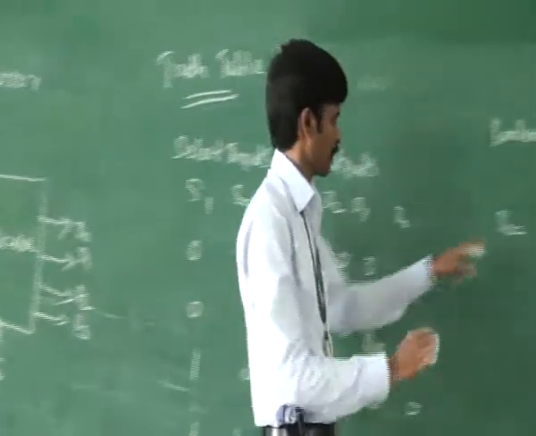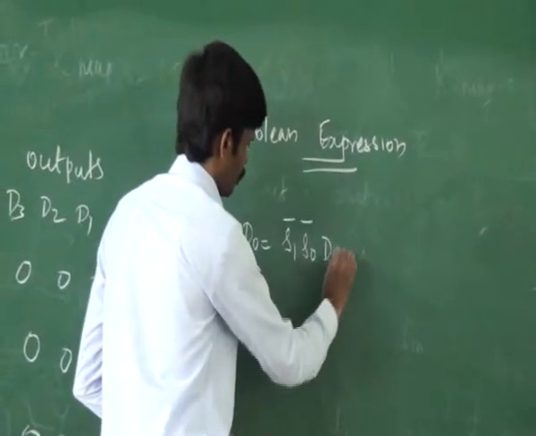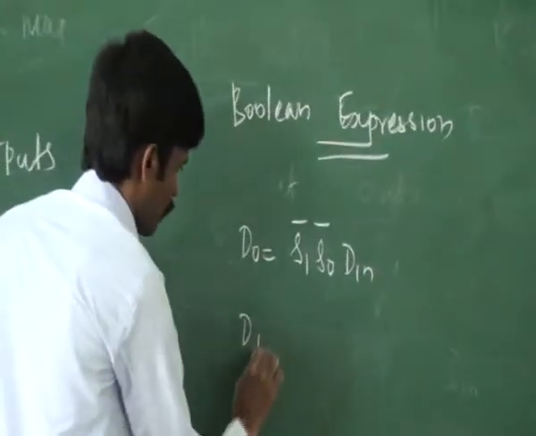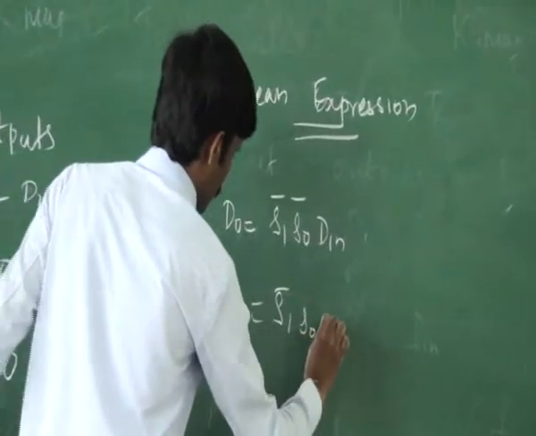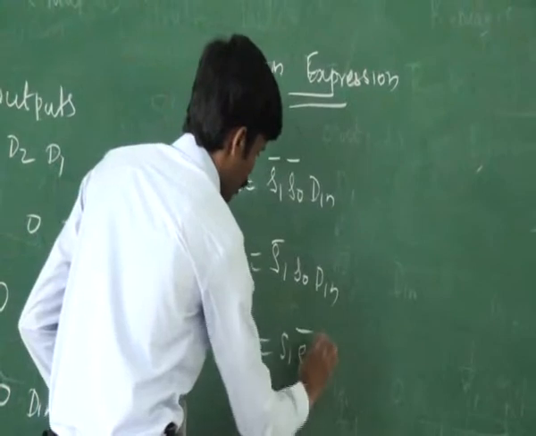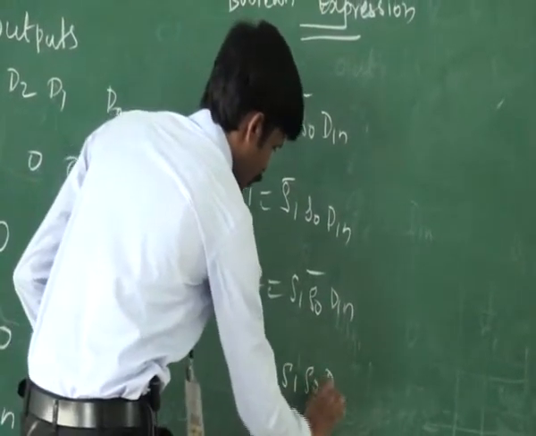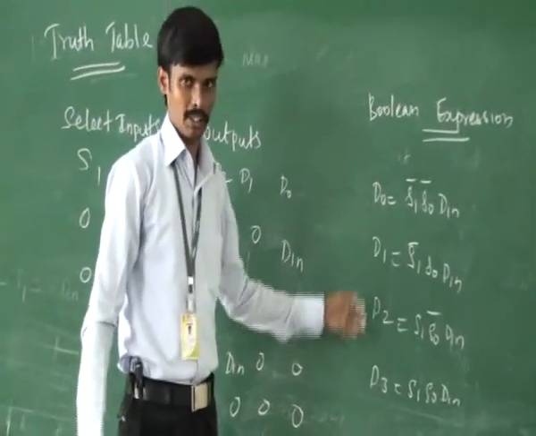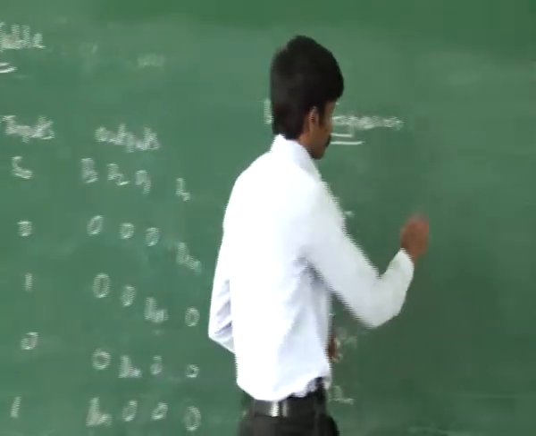Then the corresponding expression will be S1 bar, S0 bar into Din. Similarly, we can write for the remaining outputs: D1 is equal to S1 bar, S0 into Din. D2 is equal to S1 into S0 bar into Din. D3 is equal to S1 into S0 into Din. Then by using these Boolean expressions, we have to draw the logic diagram for 1:4 demultiplexer.